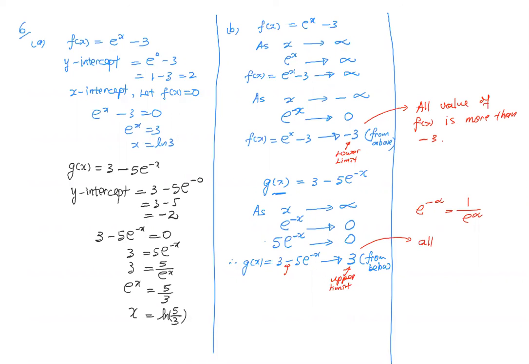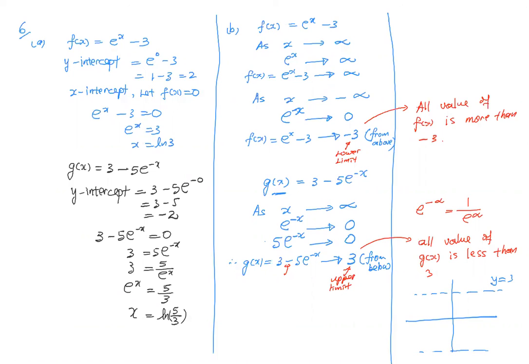All values of g(x) are less than 3. So that means when you sketch the graph, this is your 3. Okay, I'm supposed to use a dotted line. And this is your -3.